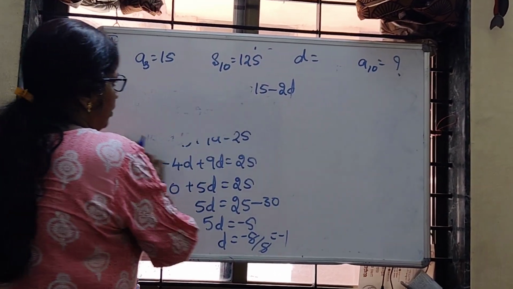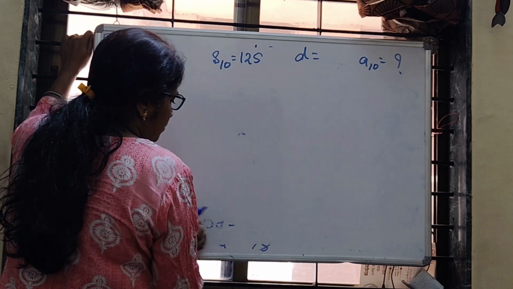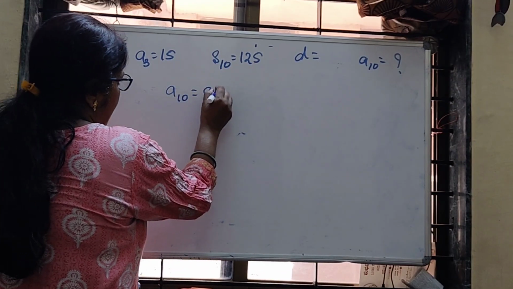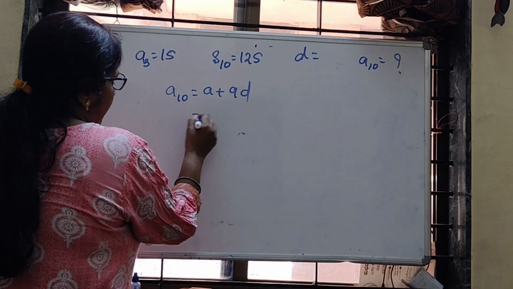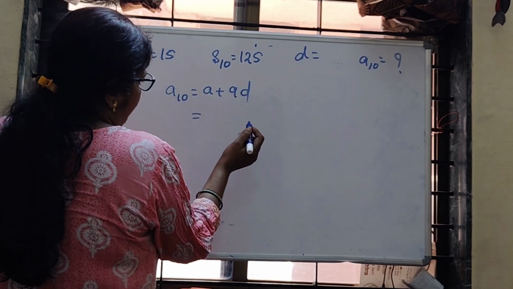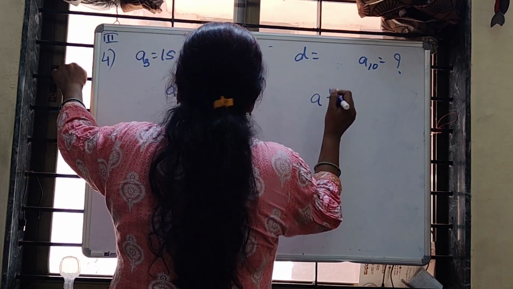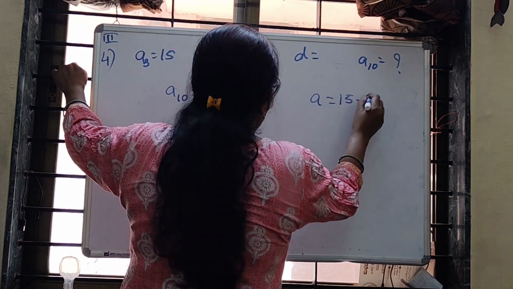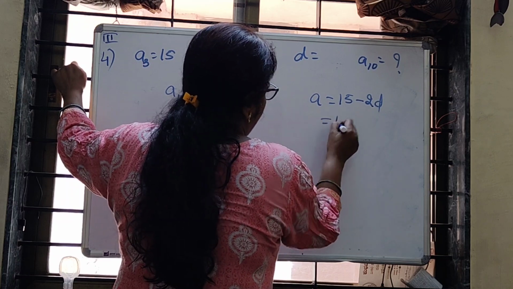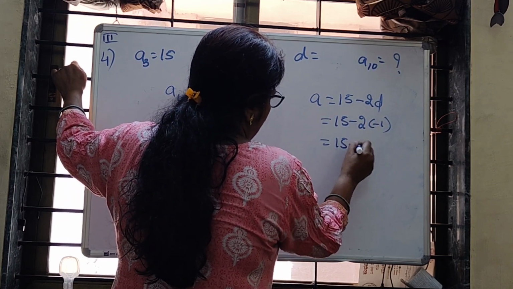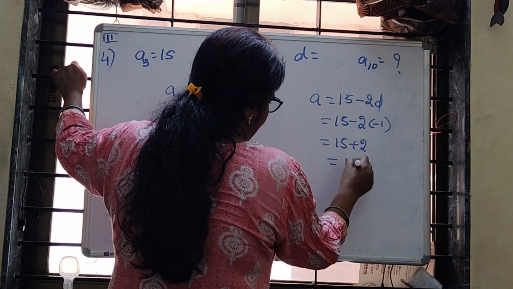We are going to find out now a10. So, a10 is equal to a plus 9d. So, we have to find out a also. So, a is equal to what it was? 15 minus 2d. So, 15 minus 2 into minus 1. 15 plus 2, it was 17.